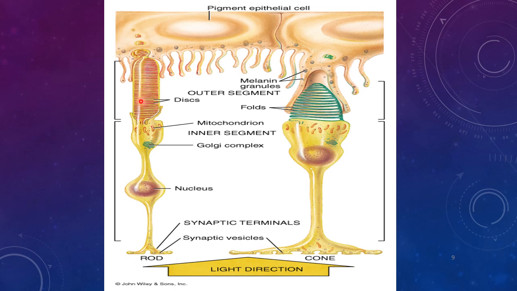So in this outer segment, in these membranous lamellae, the rod cells contain a photosensitive pigment, that is rhodopsin. This rhodopsin is also known as visual purple. The rhodopsin is the combination of vitamin A aldehyde, retinal, and the protein, that is scotopsin.